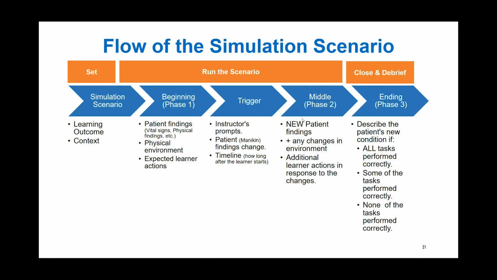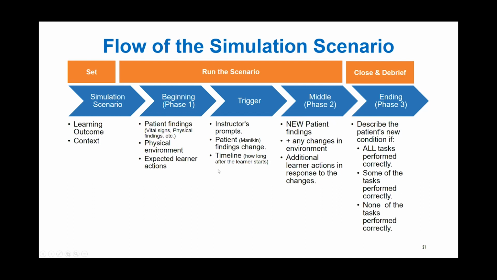And eventually, when they end up cutting the scenario because they don't have time, it will be very difficult for them to give a debrief because the students will not have been given a chance to demonstrate. So the point is, whenever you are doing simulation, remember, the meat in your simulation is in the middle phase.